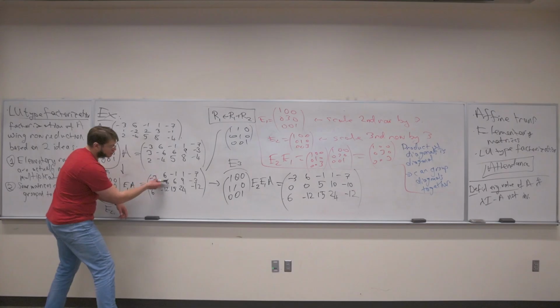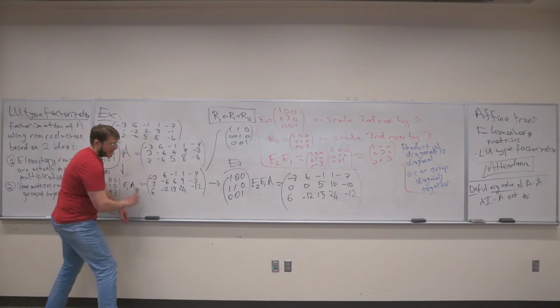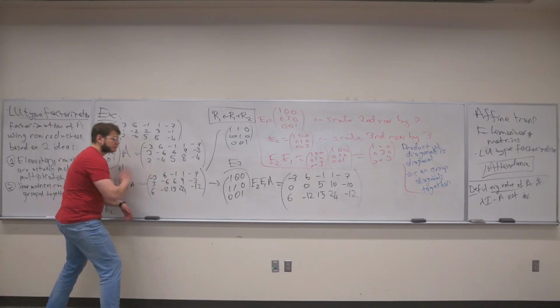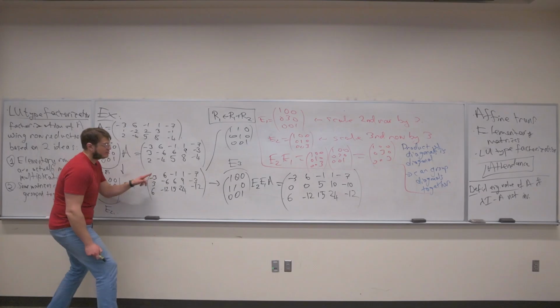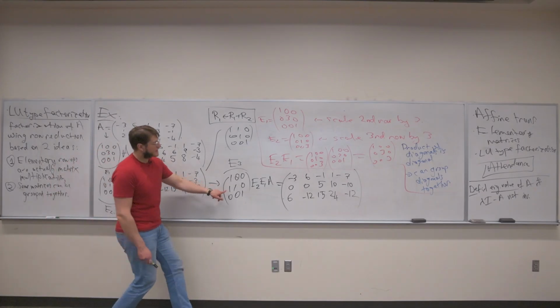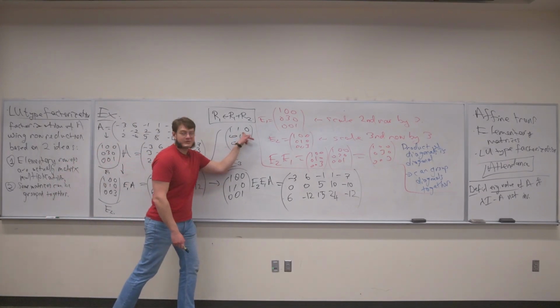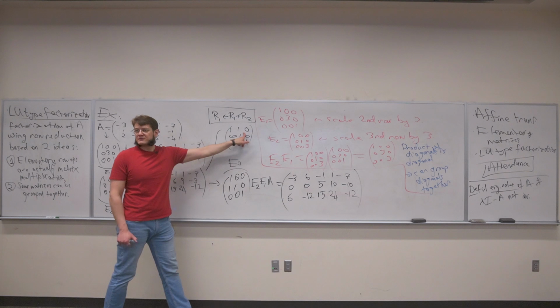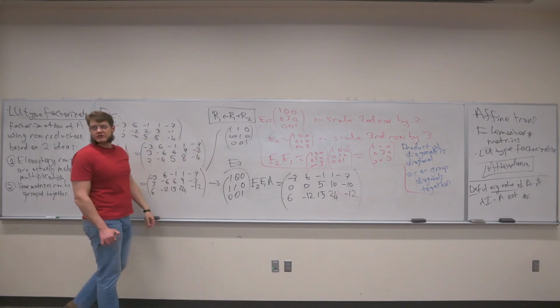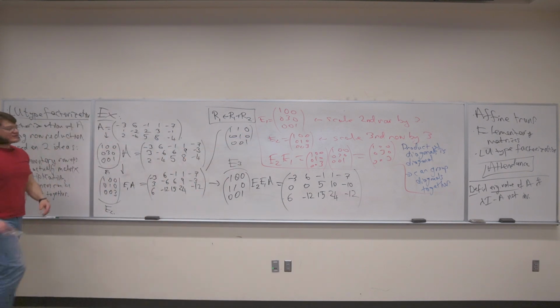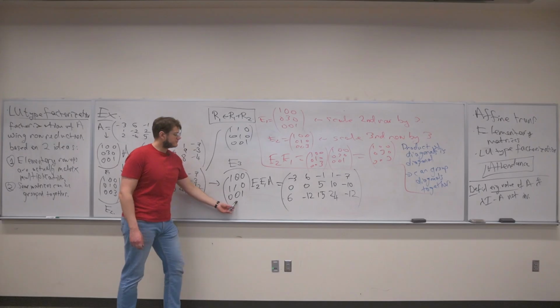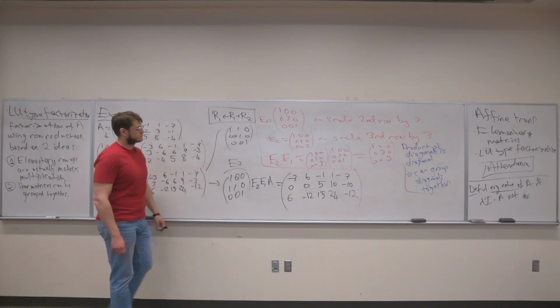Instead of adding the first row to the second row, if you wanted to add the second row to the first row to get rid of this minus 3, instead of left multiplying by this matrix, you would left multiply by this matrix, for instance. Okay. So this is lower triangular. This is upper triangular.